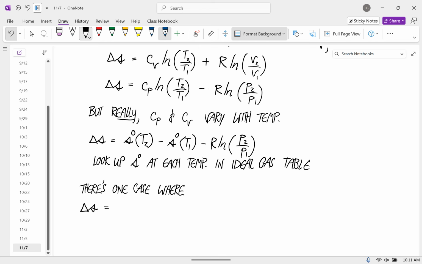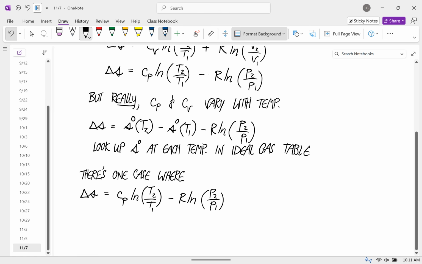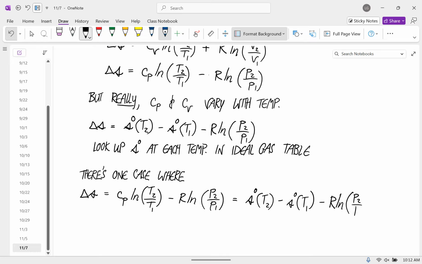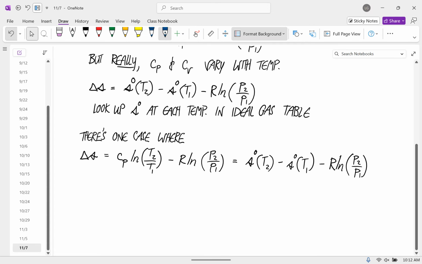So the change in specific entropy expressed as Cp natural log of T2 over T1 minus R natural log of P2 over P1 is equal to s super 0 at T2 minus s super 0 at T1 minus R times the natural log of P2 over P1. And that's the isothermal case.